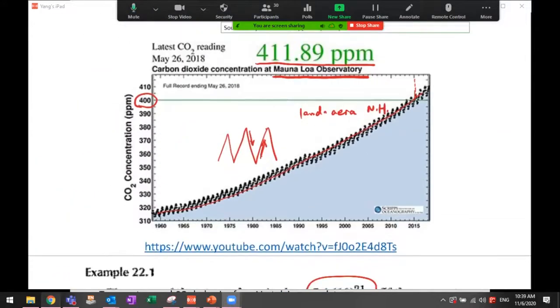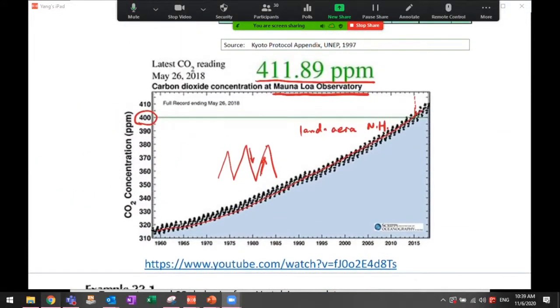So if you track the increase of the carbon dioxide concentration, you can see that in general, the concentration will increase around 2 ppm per year, right? If it's 5 years, then we increased actually more than 10 ppm.